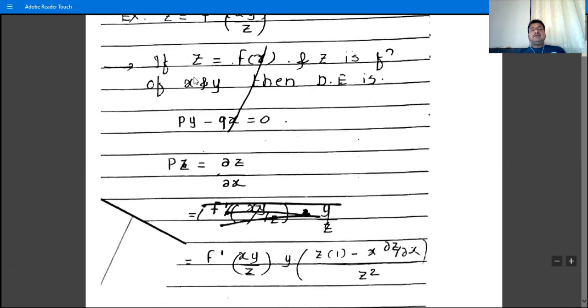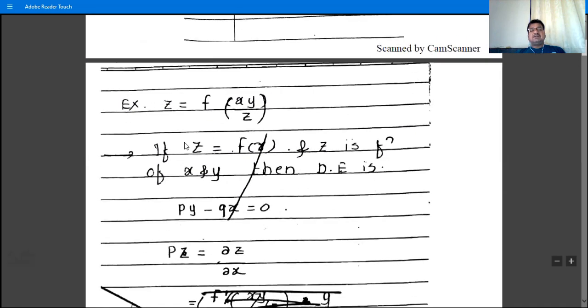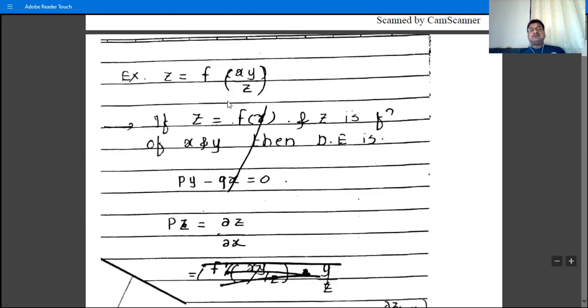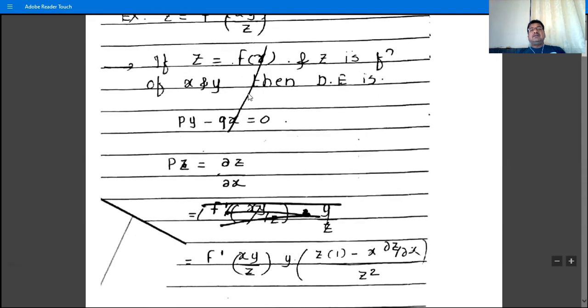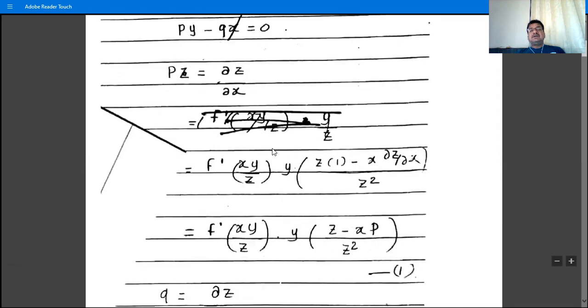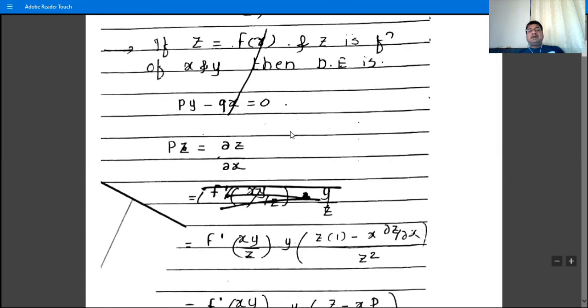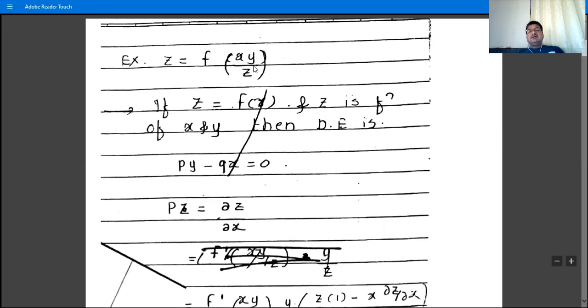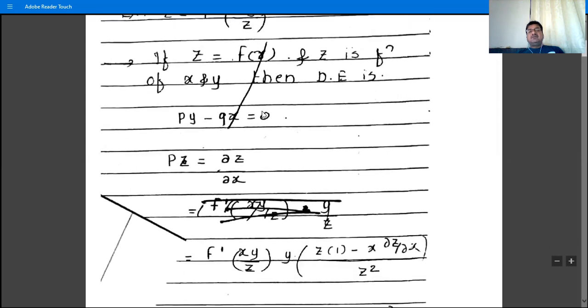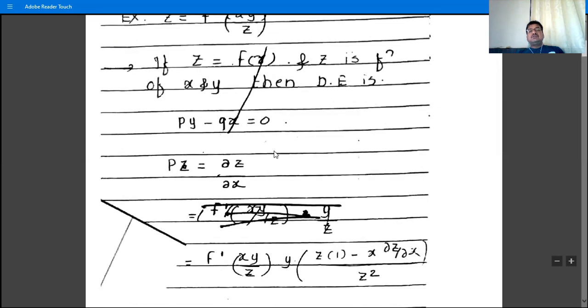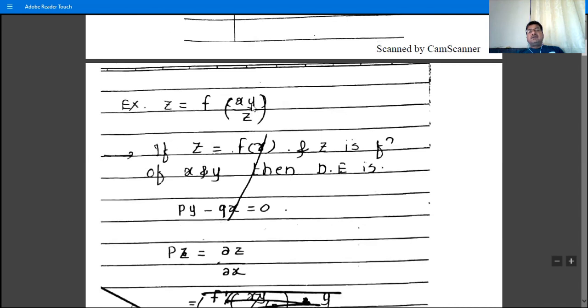So we have ∂z/∂x as the derivative with respect to x, that is small p, is equal to f dash of xy divided by z, into the derivative of xy by z with respect to x. So now y is constant. With respect to x is the derivative, so y is constant, and the derivative of x by z.